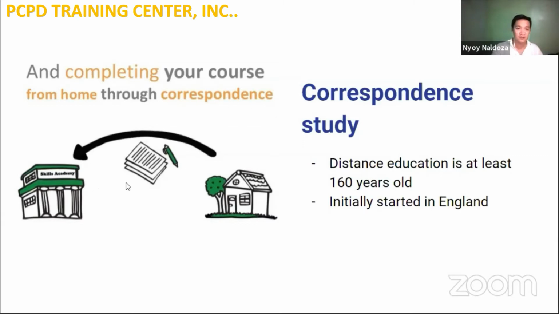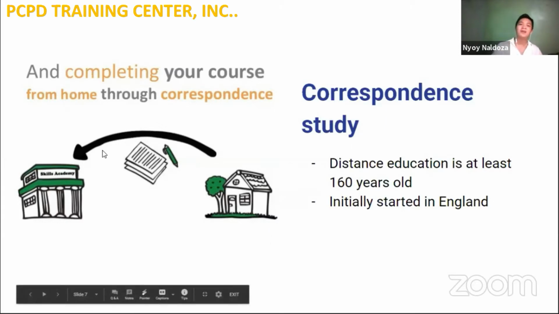From the academy schools in England, in order to complete a course, if you cannot go physically to the school, the institution will provide you a set of books and resources that you can accomplish at home. Once you accomplish those outputs, upon the deadline of completion, you send the output back.